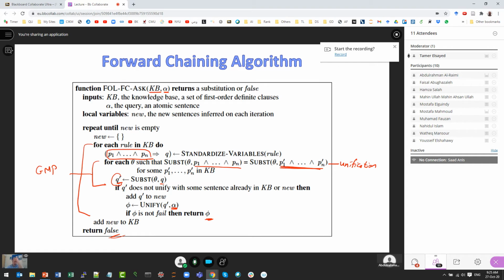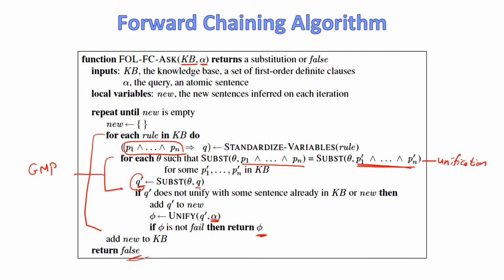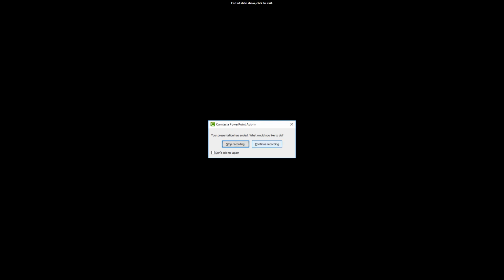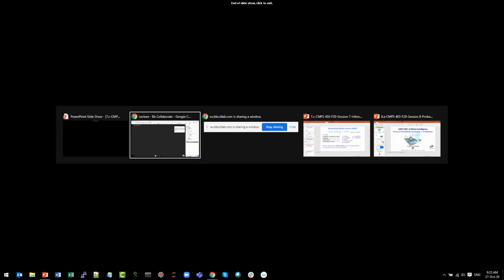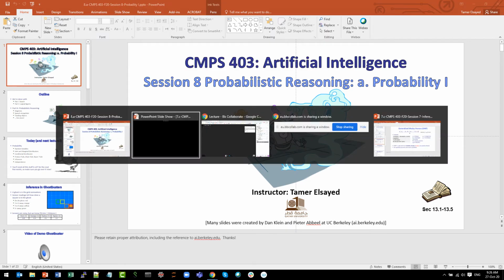Okay, so in this case, we are done with this session, and inshallah now we'll switch to a completely different session, which is probabilistic reasoning.